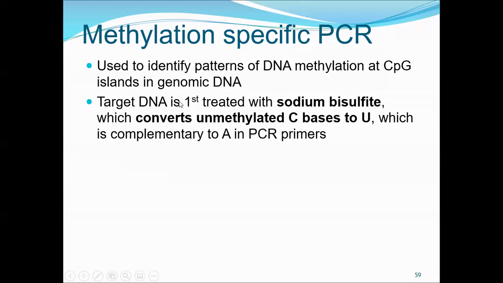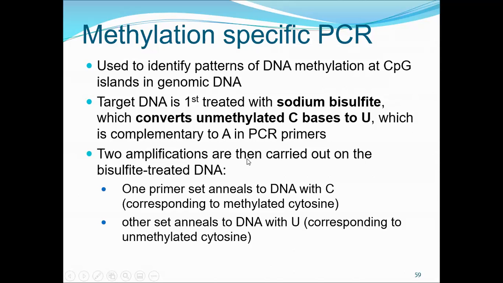So what happens is the target DNA is first treated with sodium bisulfite, which will convert the unmethylated C bases to U. So unmethylated C can convert to U, but the methylated one cannot. So then it converts to U, and then during the PCR, it will bind to A in the complementary strand.